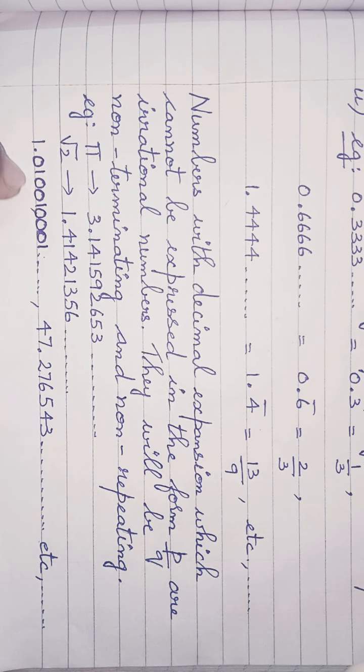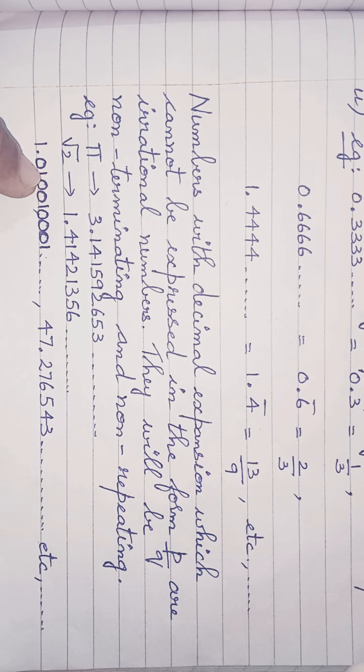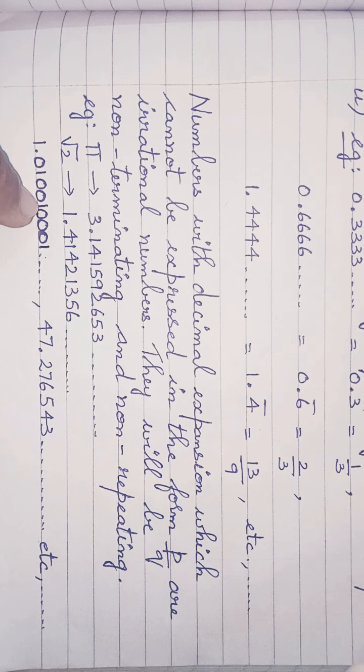I will give you two more examples. Now you can see that you have a number here, 1.010010001. Even though 0 and 1 are coming again and again, it is not the same number of zeros and 1. In the first case it is 1 0, then you have 2 zeros, then you have 3 zeros.